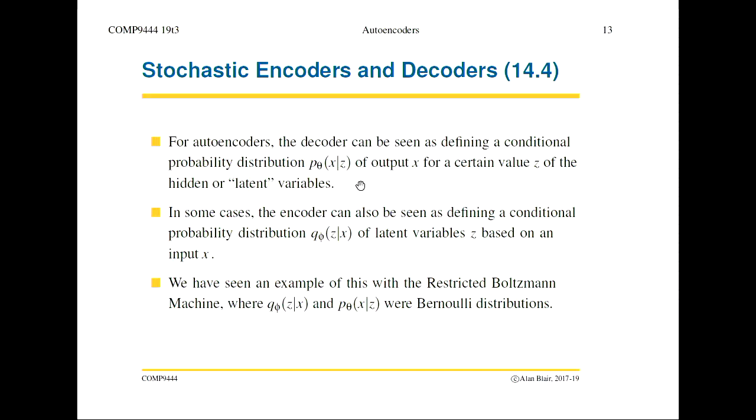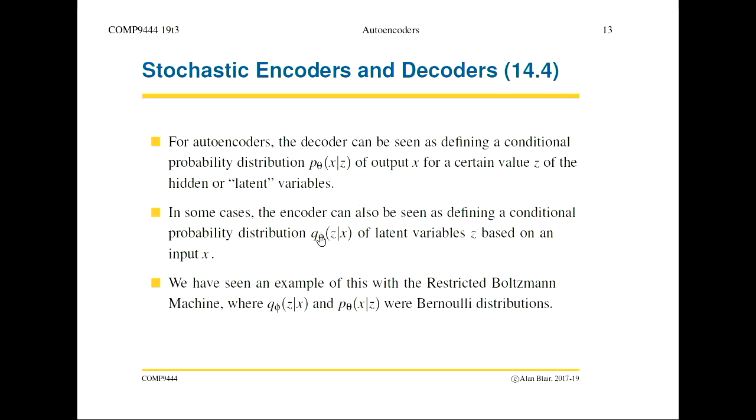So this can be thought of as defining a probability distribution over images based on the latent variables. And the encoder can perhaps also be seen as a probability distribution of the latent variables based on the images.